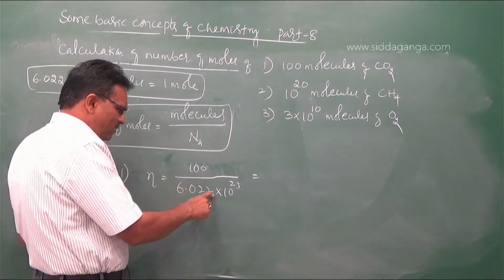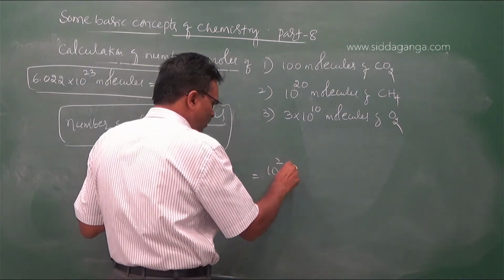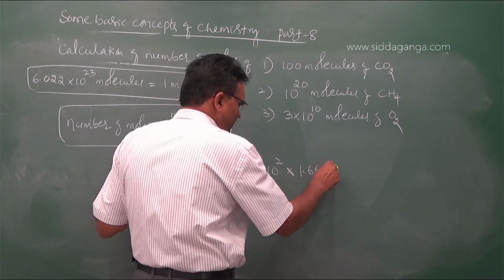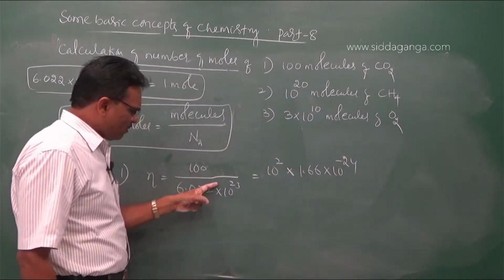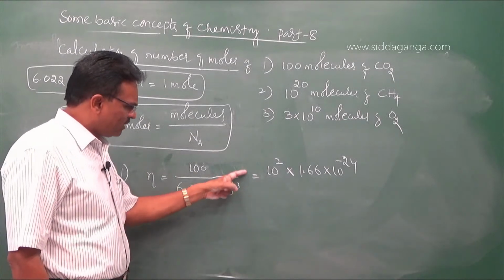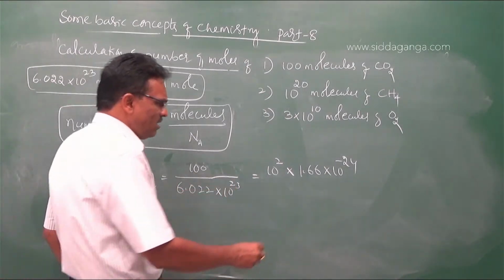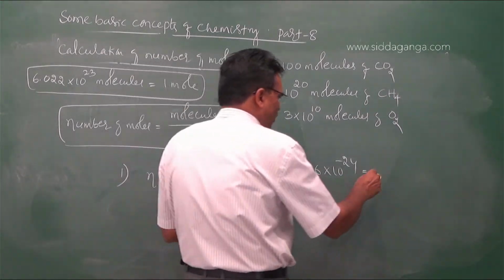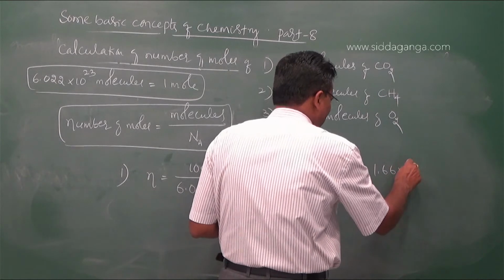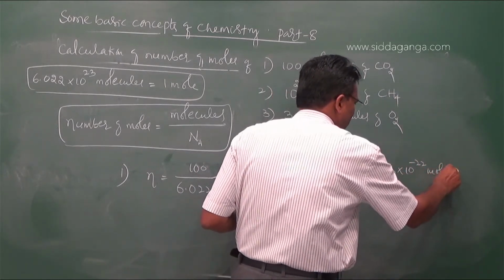The reciprocal of this value: 100 is 10 to the power of 2, into 1.66 into 10 to the power of minus 24. Reciprocal of Avogadro number is nothing but that. I told you. Clear? So it is equal to 1.66 into 10 to the power of minus 22 moles.